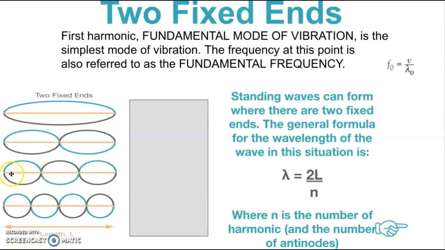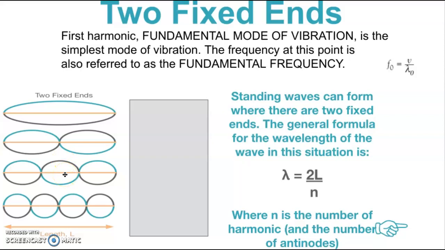If we consider that we have 1.5, the way that I like to do it in my head is if I take L and I divide it into 3, 1, 2, 3, I've got 3 half wavelengths. And so one wavelength would be equal to L divided by 3 and then multiplied by 2, to give me the wavelength.